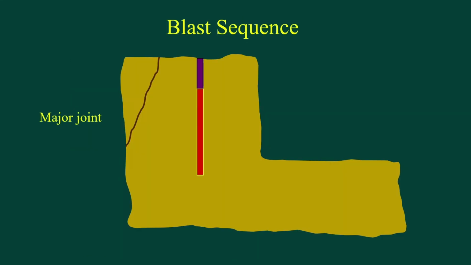So let's see what happens during a blast, and I'm going to use this schematic with a single blast hole in our bench, and in this particular case the bench has a major joint just over here. In our drill hole, here is our explosive, and here is our stemming.